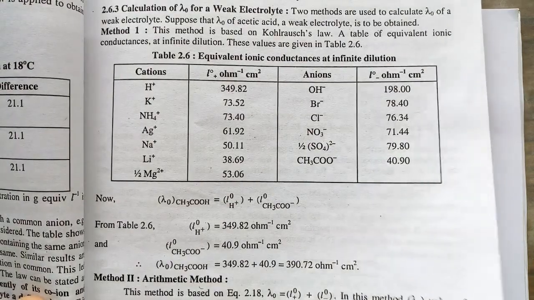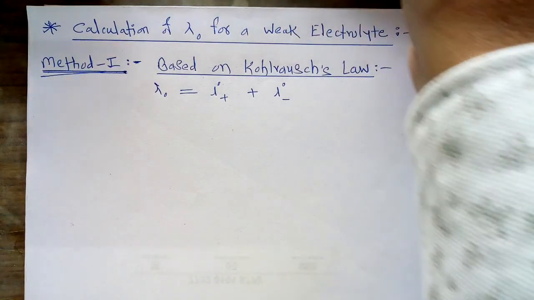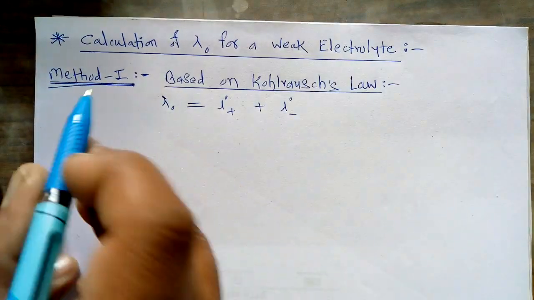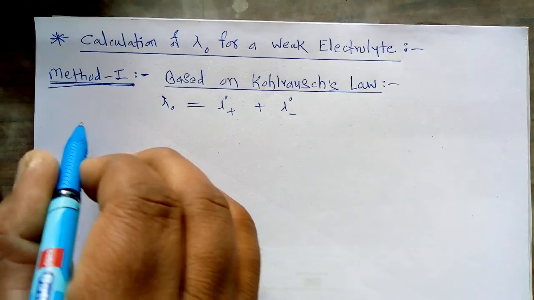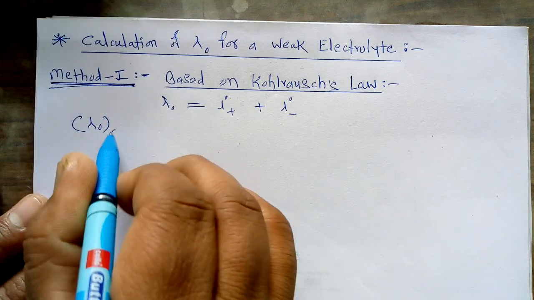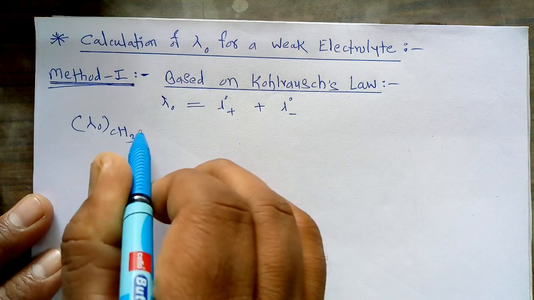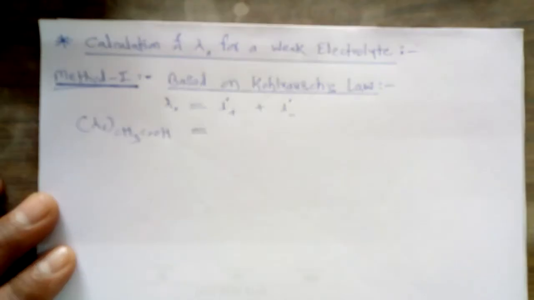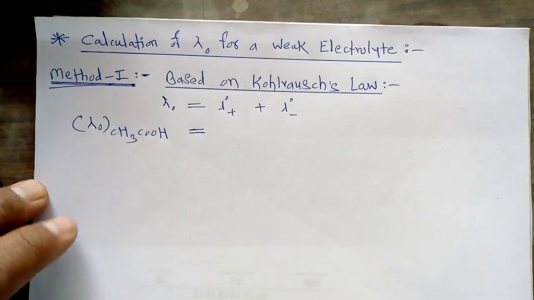Suppose we want to calculate lambda 0, that is the equivalent conductance at infinite dilution, for the electrolyte acetic acid. If we want to calculate this lambda 0 for this weak electrolyte, acetic acid, then how to calculate it?